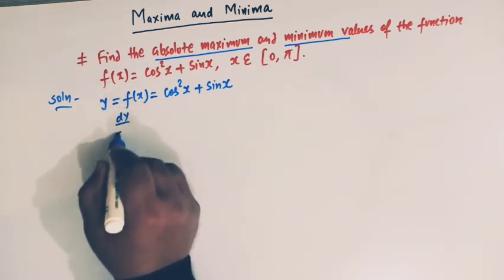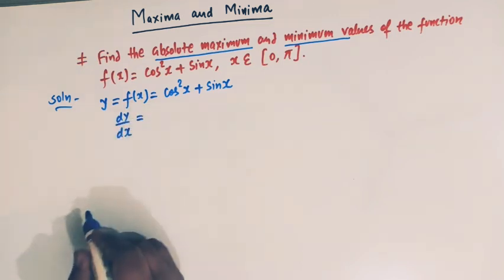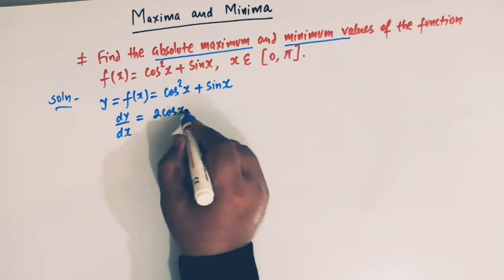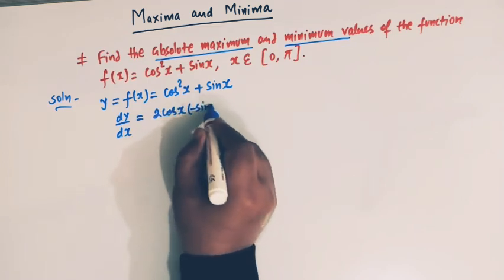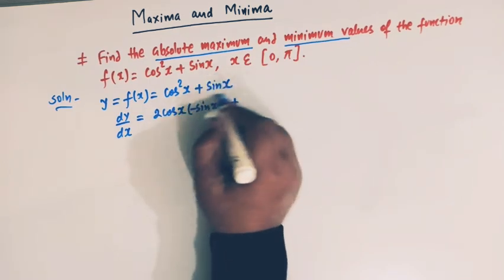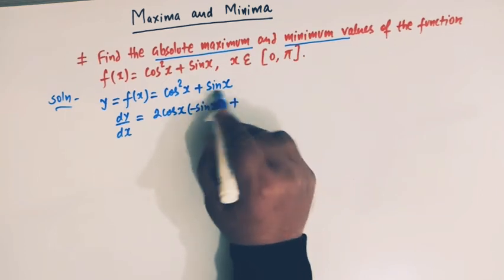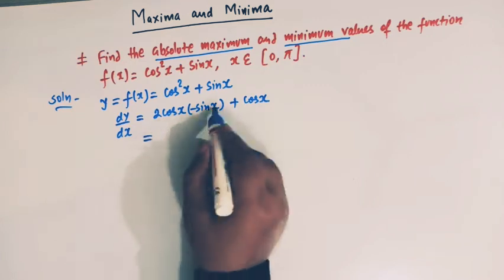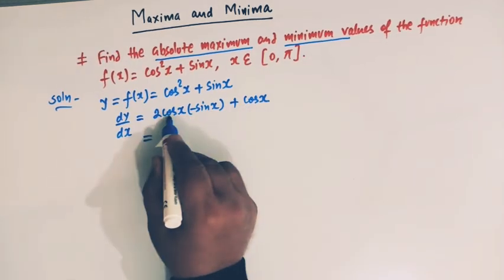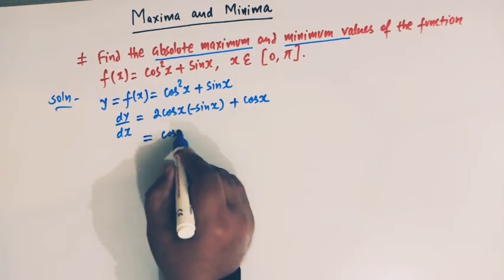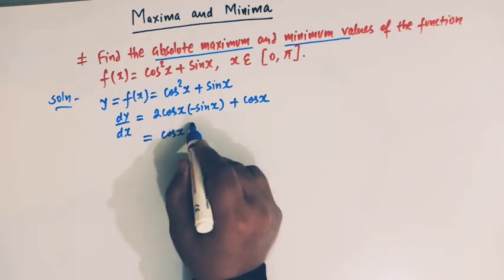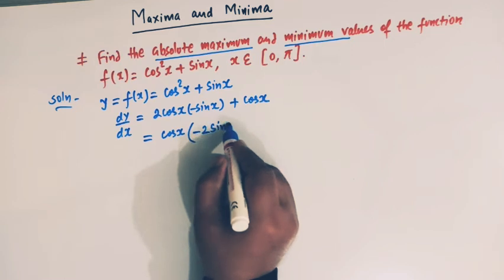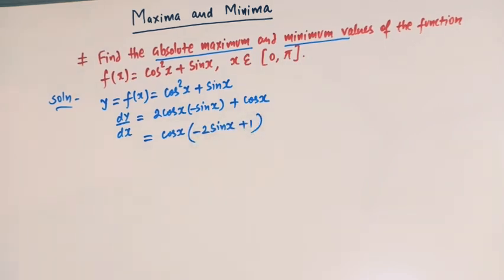So dy over dx is given by 2 cos x times minus sin x, plus the derivative of sin x is cos x, right? So this is, taking cos of x common, cos x times minus 2 sin x plus 1, right?